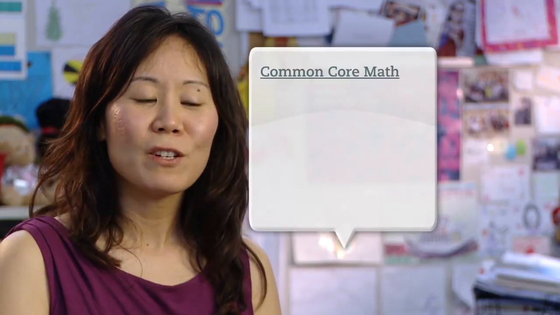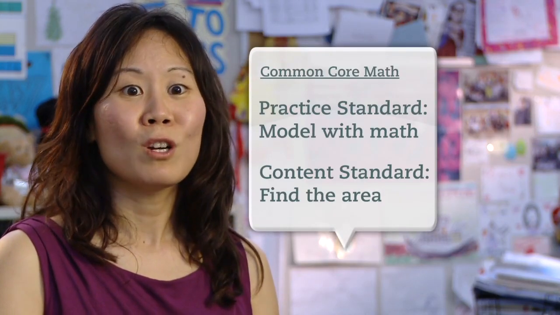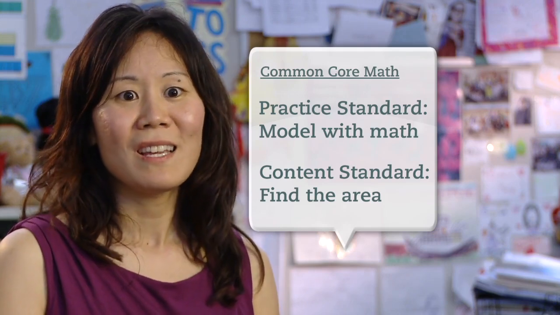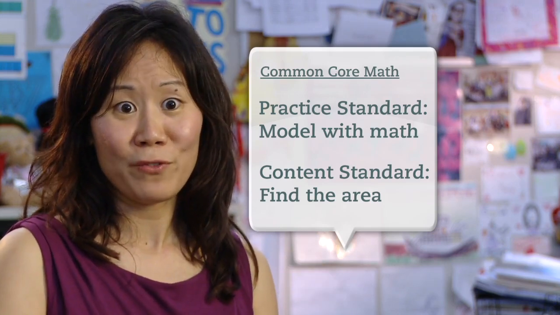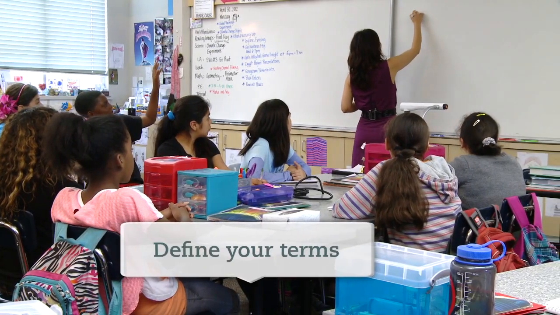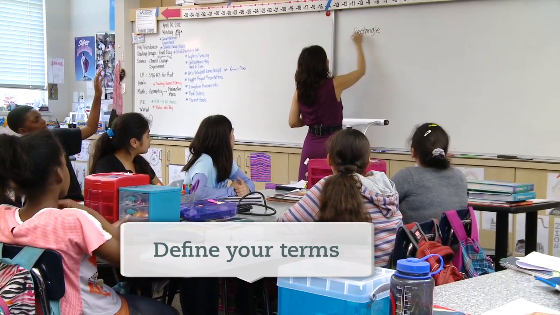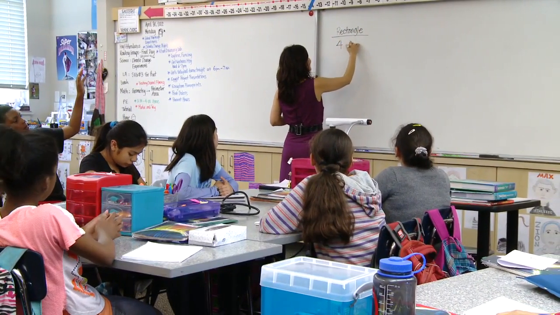The practice standard versus the content standard, they're equally important. You create your practice by knowing the content first. Clarissa, what do we know about rectangles? They have 4 sides. Yes, a rectangle has 4 sides. So we want to make sure that our table has 4 sides.